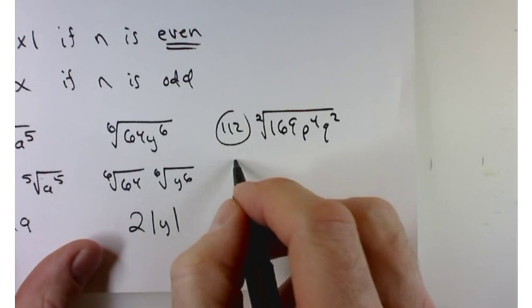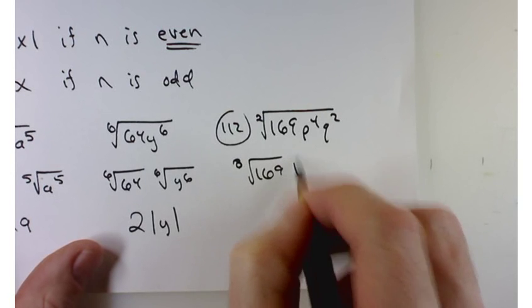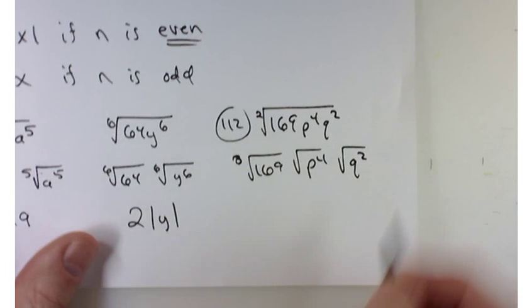Okay. Oops. Square root of 169, square root of p to the fourth, and square root of q squared.